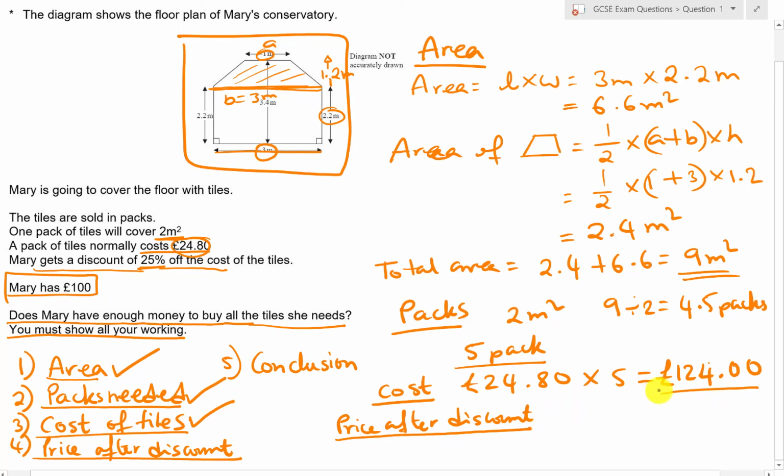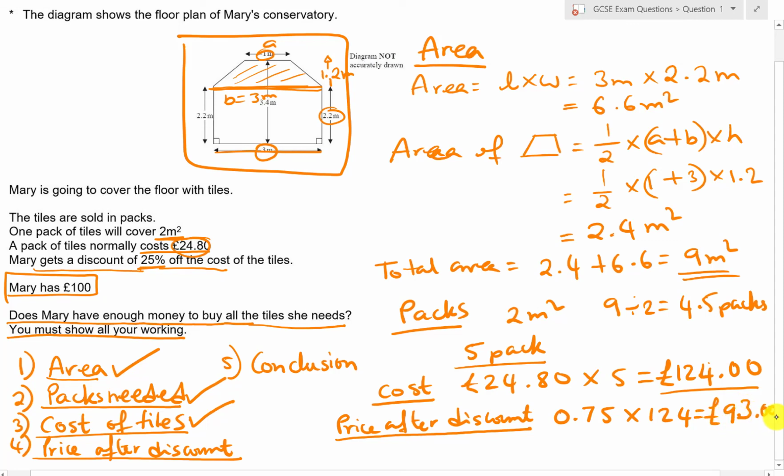So you can work out different ways. You can work out what 25% of 124 is and take away from 124, or what you can do is, because she gets 25% discount, she only needs to pay for 75%, so I can just multiply it by the multiplier. So 0.75 times by 124, and that will give me an answer of £93.